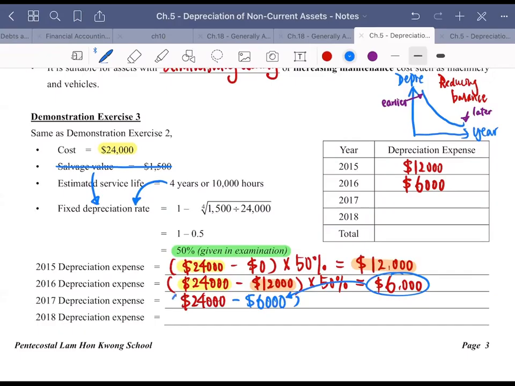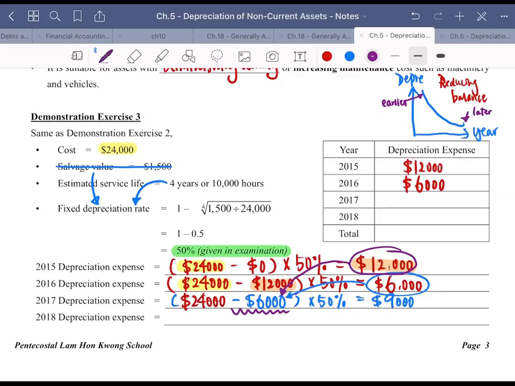You would get $9,000. And some of you get the wrong amount because you're not using the accumulated part. Accumulated means every year we have charged previously, we have to include in this part. So even the 1st year's charge, the $12,000, would be included here as well.